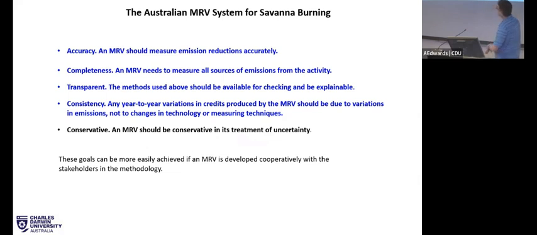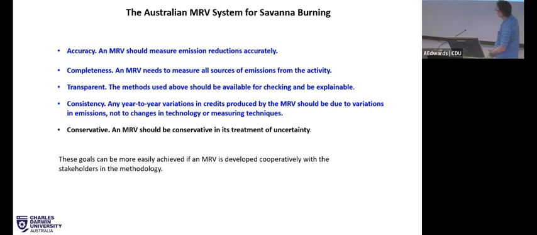It was transparent, it was on a public website, and we'd established a model so that we could be consistent. That's because, like an MRV, fire managers need to know what's going on in the real world, and they need to trust that you're giving a picture of what's going on in the real world.